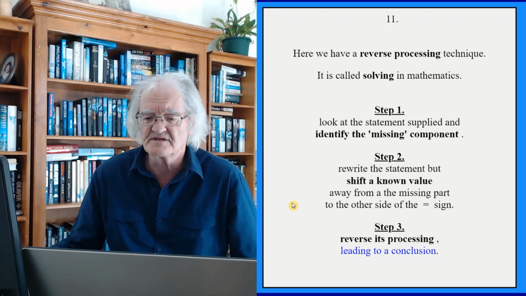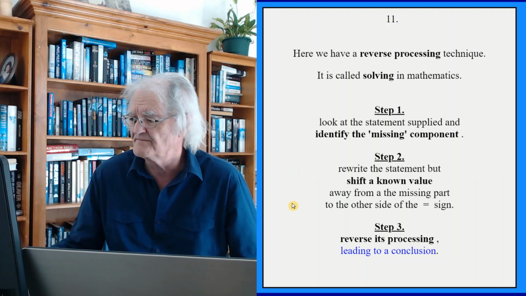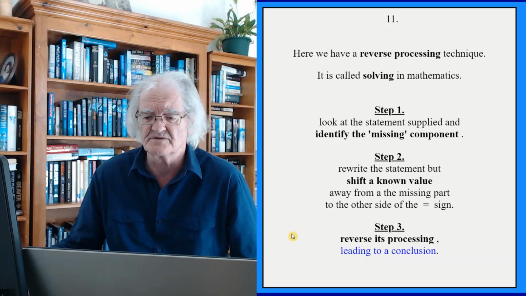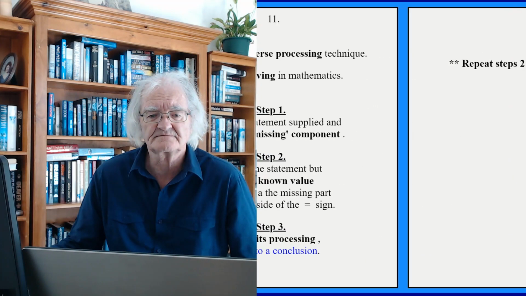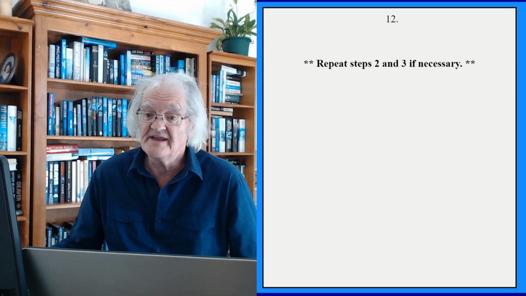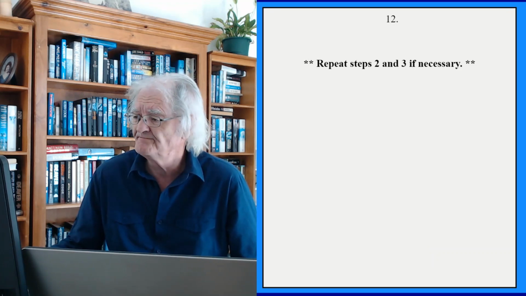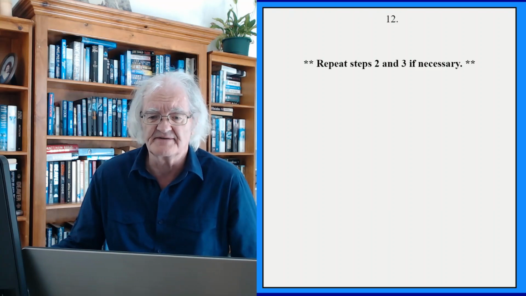We move it to the other side of the equal sign. Step 3, reverse its processing, and that will lead to a conclusion. Then, if necessary, repeat steps 2 and 3 if you haven't isolated the unknown.